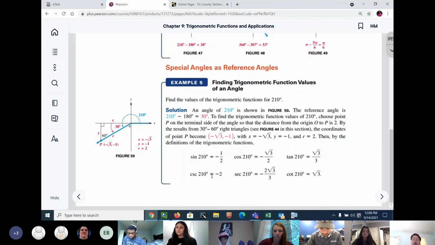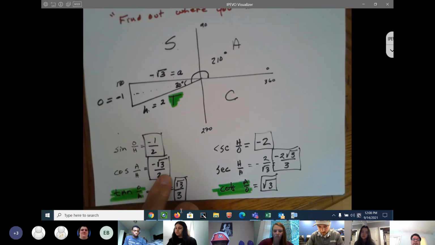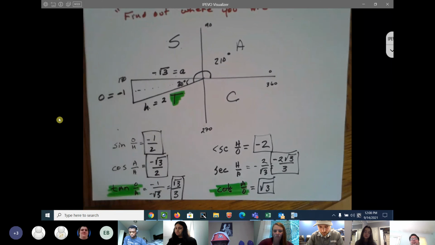Cosecant, -2. Secant, negative 2 square root of 3 over 3. And look at there, it's a miracle. I didn't memorize a single thing, and I got those angles correct. Makes you wonder why you were told to memorize.